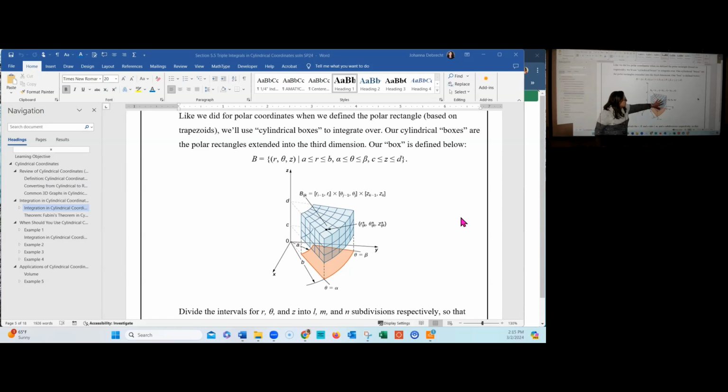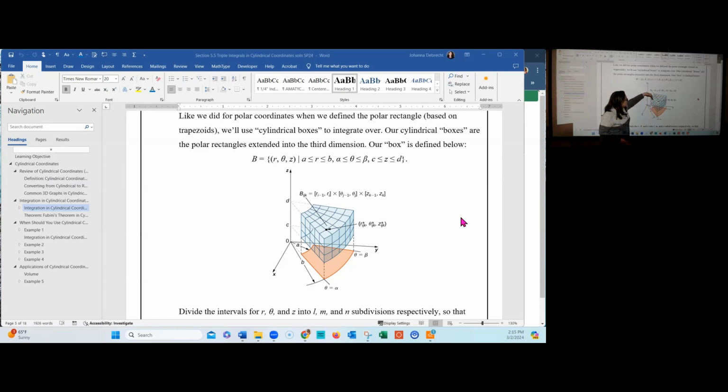We're then going to take this region and subdivide it just as we've done before. It's sort of the calculus thing to do. We're going to divide the region between r equals a and r equals b into more slices, creating more curving arcs that divide out this cylindrical box.